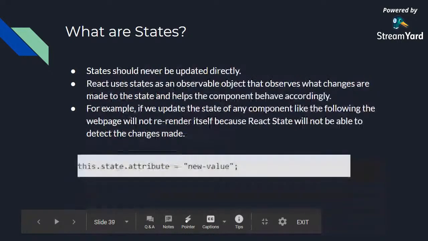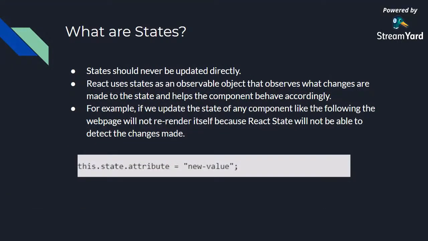Now, in a pure JavaScript environment, we can update variables very easily. To initialize a variable in pure JavaScript, we just use variable name equals some value, and if you want to update that value, we just use the name equals the updated value. But in React, to update the value of a state, it is not recommended to update that value directly. Why? Because React uses state as an observable object.